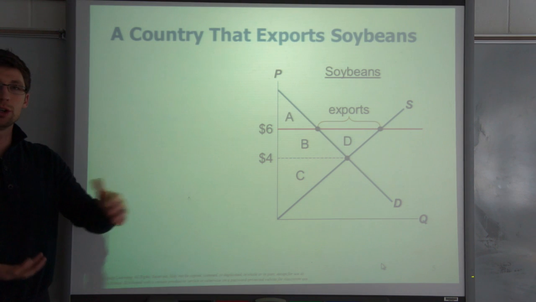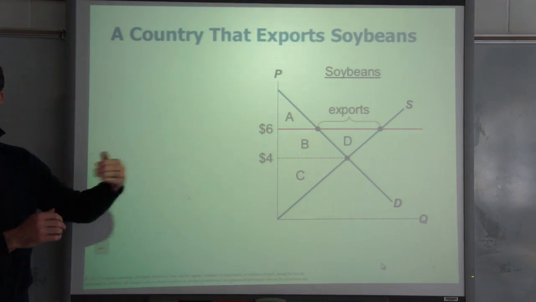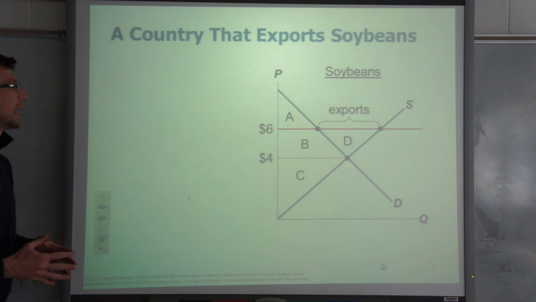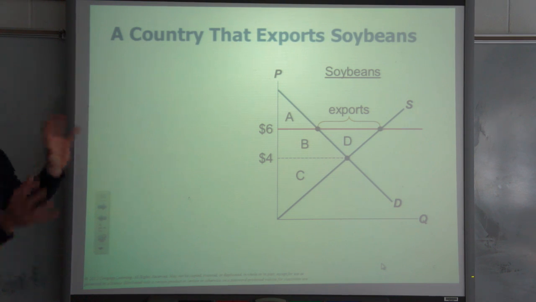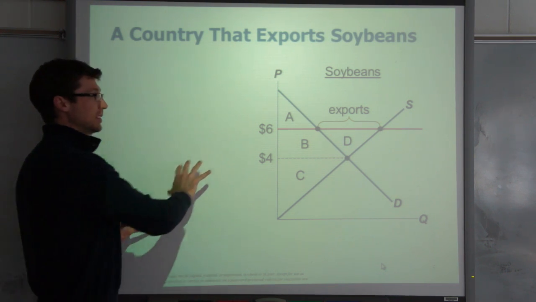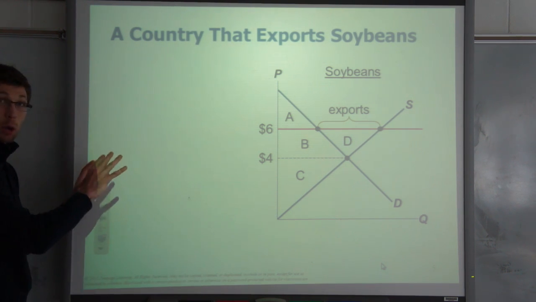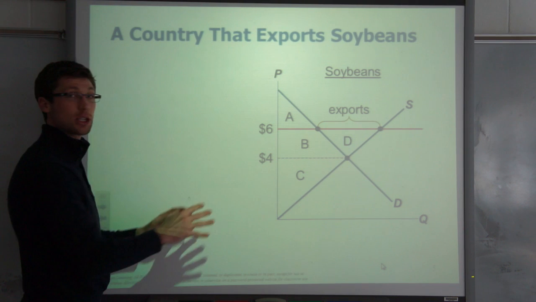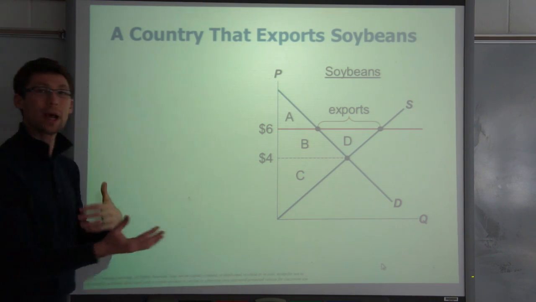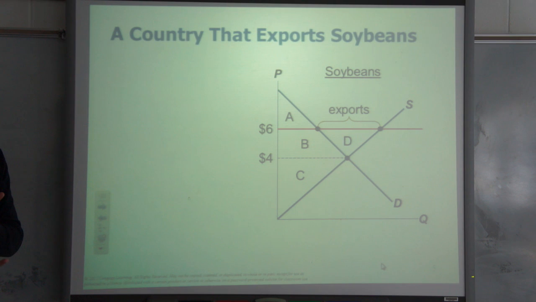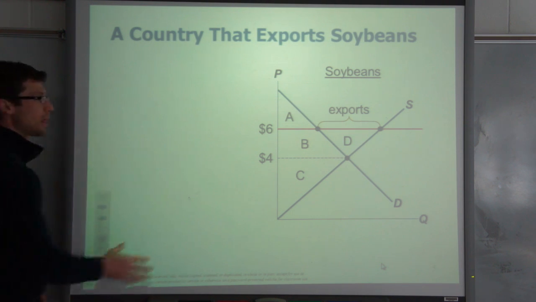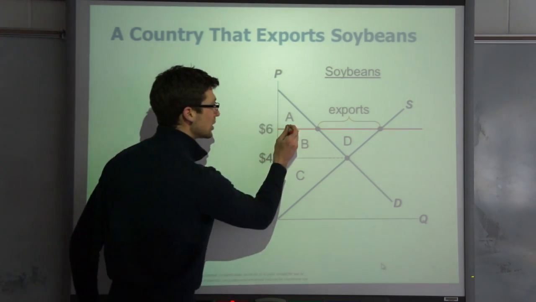Now, what we want to do is combine our understandings that we just gained in chapters 7 and 8. And take a look at what's happening now that there is some kind of different market outcome. We're not taxing or introducing a price floor, but we're going to get a different outcome because we're opening up our country to trade. What happens to consumer, producer, and total surplus? Well, these letters are going to represent spaces.